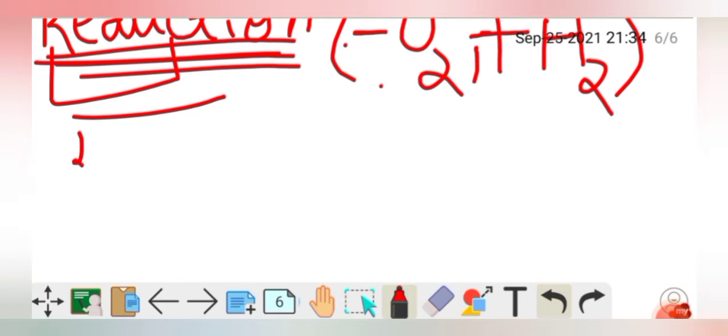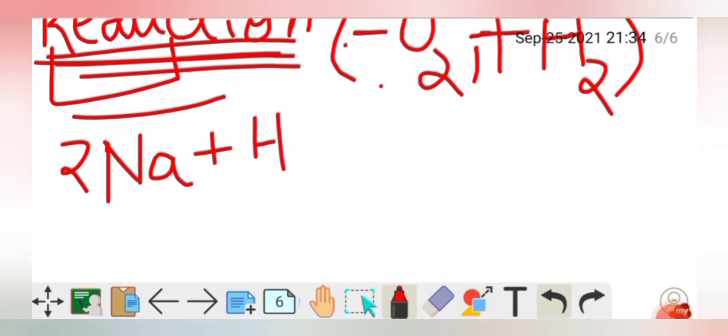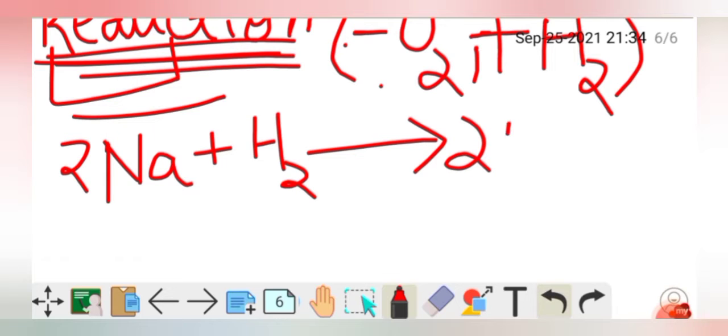If sodium reacts with hydrogen, H2, it forms 2NaH, sorry.